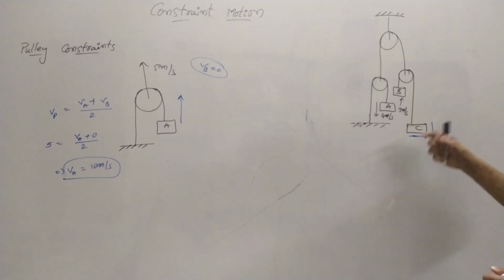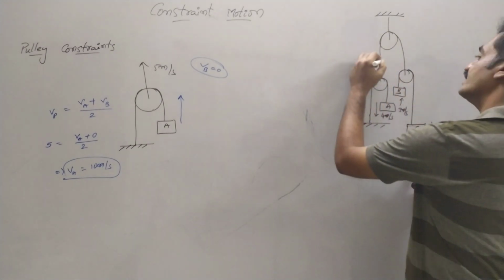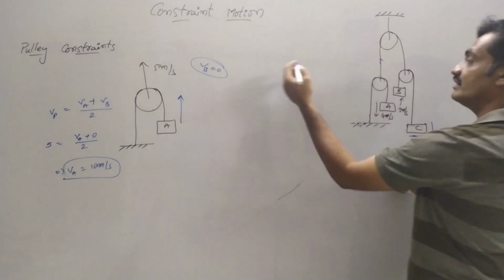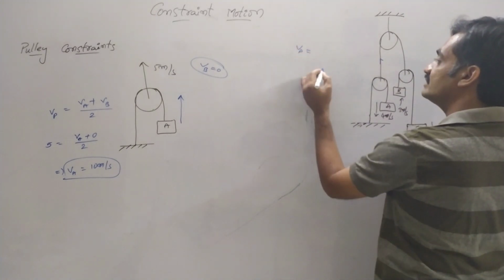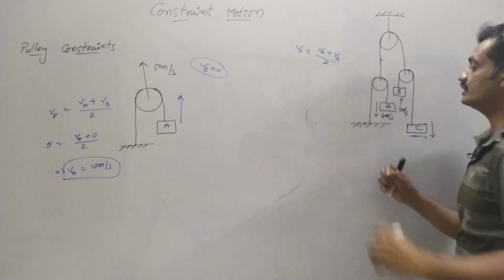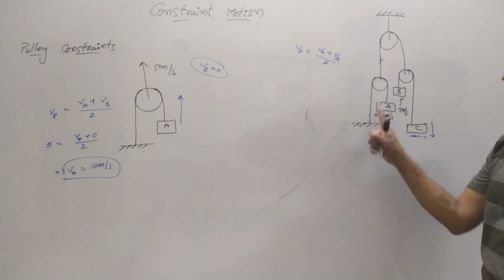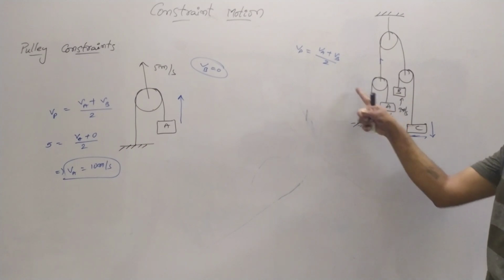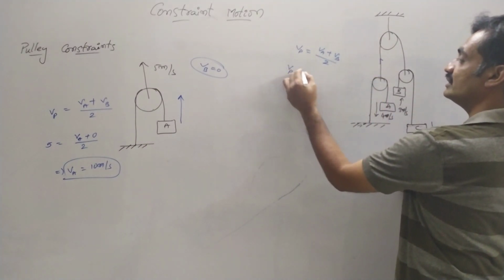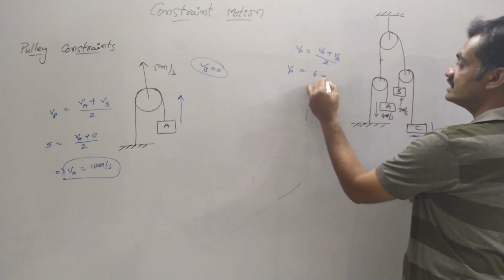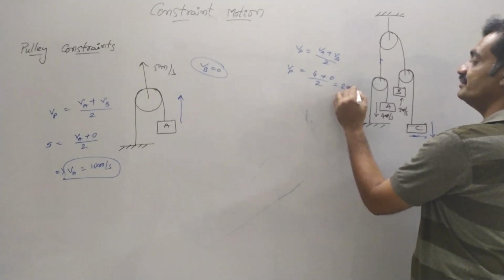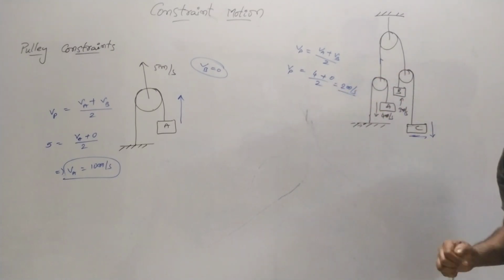In order to find this, observe that we first have to find the velocity of this string based on this condition, whereas we know that velocity of the pulley equals velocity of the block A plus velocity of the block B by 2. Since we don't have block B at this location, we consider this value as 0. As I substitute here, velocity of the pulley equals 4 plus 0 by 2, which equals 2 meter per second.